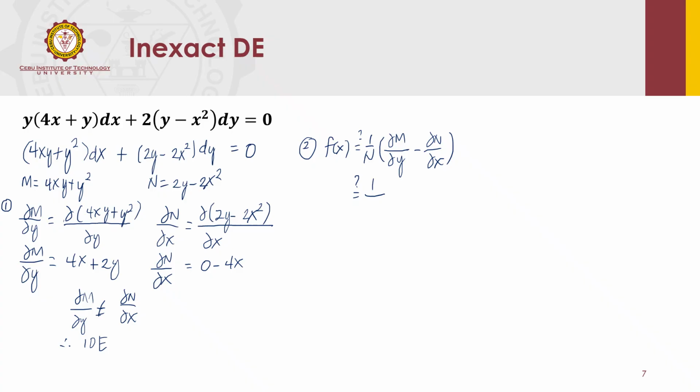So you can write N, and since we're going to see if it's pure x or pure y, let's factor out the common factor. For 2y minus 2x squared, the common factor is 2, so that's y minus x squared. And then for here, that's 4x plus 2y, then minus negative 4x, or that's plus 4x.